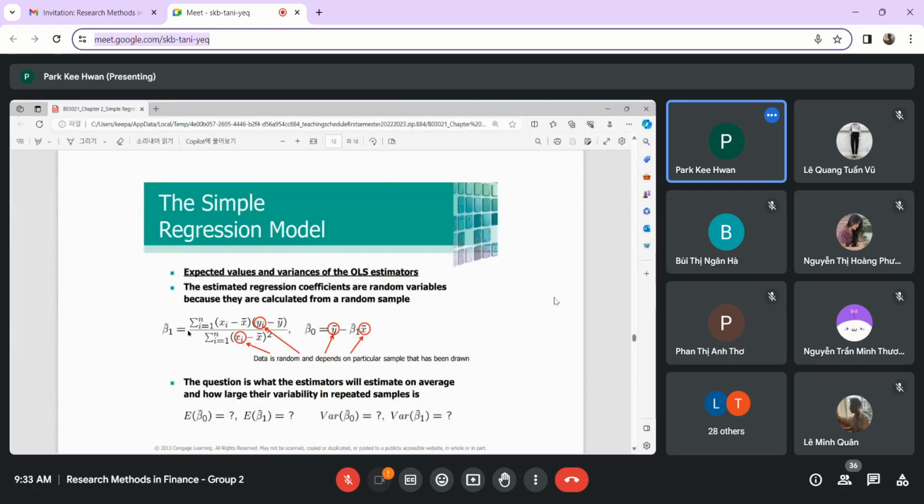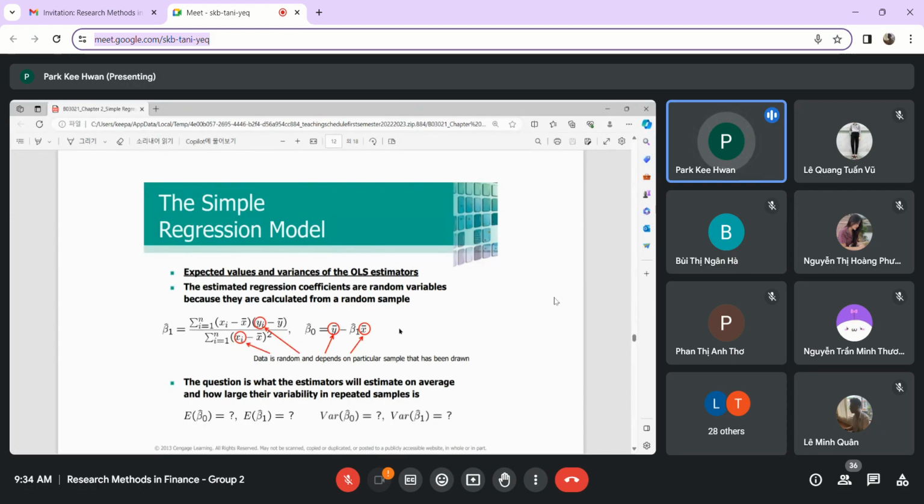We choose beta 1 and beta naught so as to minimize the sum of squared residuals of the simple regression model. And we derive this expression. Okay.